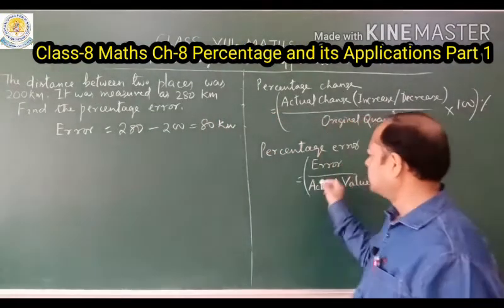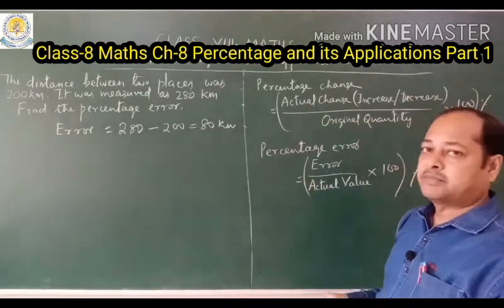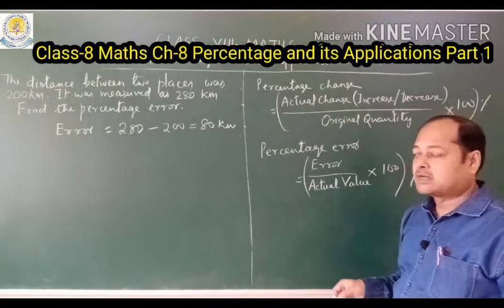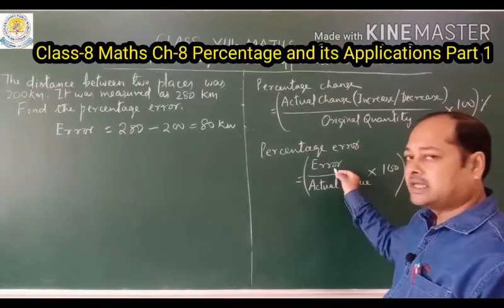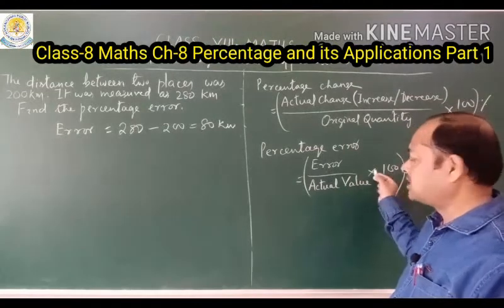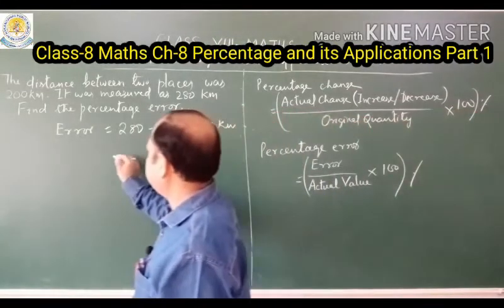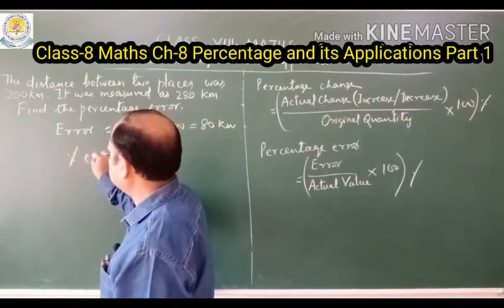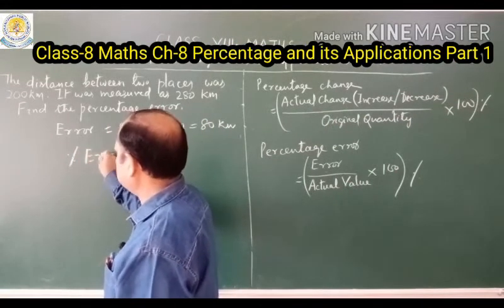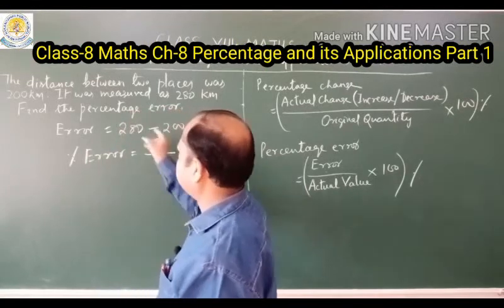We already got the error. Now what is the percentage error? The question is asking to find out the percentage error. So what is the formula? Percentage error equal to error upon actual value into 100, that is the percentage. So what is the error? We got the error is 80. So percentage error equal to error upon actual value, how much is that?